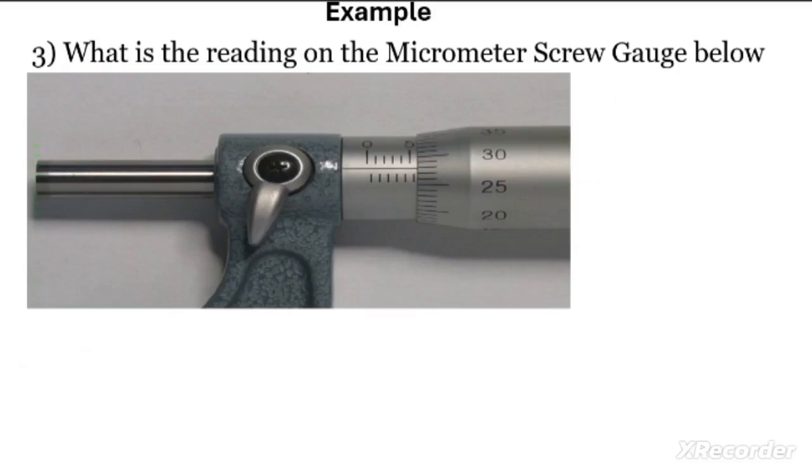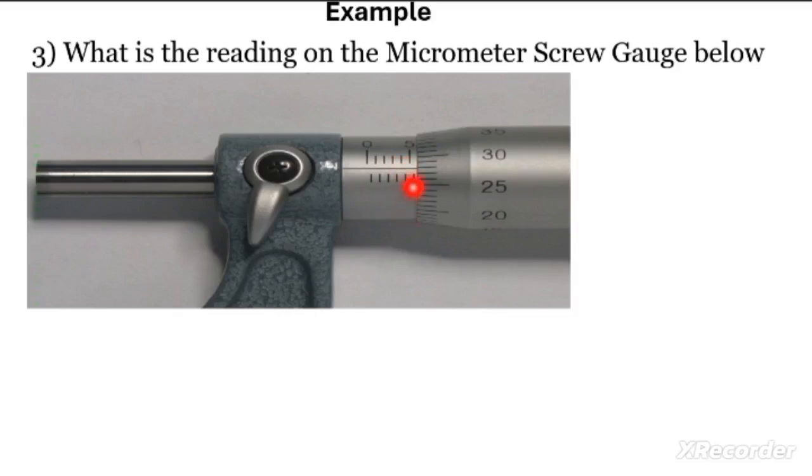This is our main scale or sleeve scale. This is the locking lever I was talking about, or locking nut. Here we have 0, 0.5, 1, 1.5, 2, 2.5, 3, 3.5, 4, 4.5, 5, 5.5.